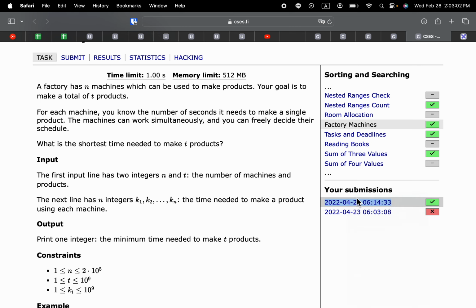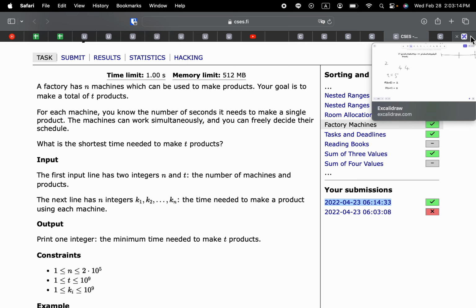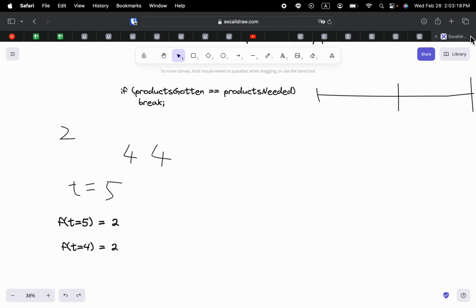The point is you observe a relationship: for some time that exceeds, any time that's bigger will also exceed, and for a time that does not exceed, any time that's smaller also does not exceed. If you have this relationship, you can eliminate half at a time, so you can do binary search.